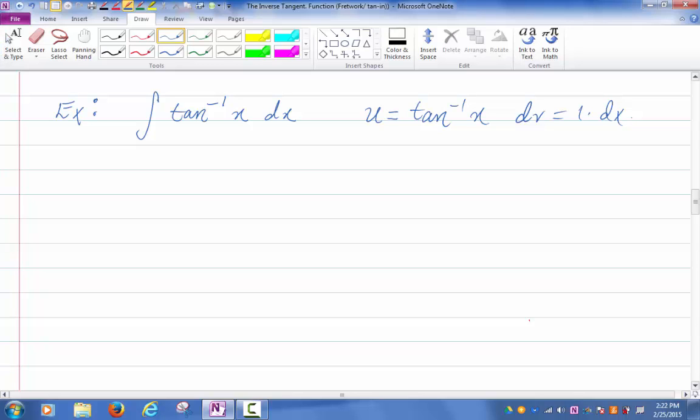And when you take the integral of sine inverse, you're going to take u to be sine inverse. If you take the integral of cosine inverse, you're going to take u to be cosine inverse. Now, what is du? Well, we just found out the derivative to be 1 over 1 plus x squared, right? So I get this. And what is v? V is x.